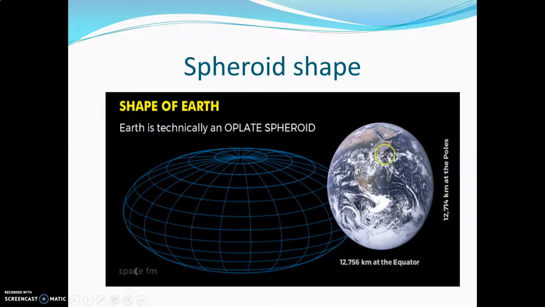Commonly we see the shape of the Earth like this, but really the shape of the Earth is like this. See, this is the North Pole and down here is the South Pole. If we press here and here, a small bulge comes slightly near the equator, the 0 degrees latitude, which you already studied. So the shape of the Earth is like a sphere, but more exactly it is a spheroid shape.